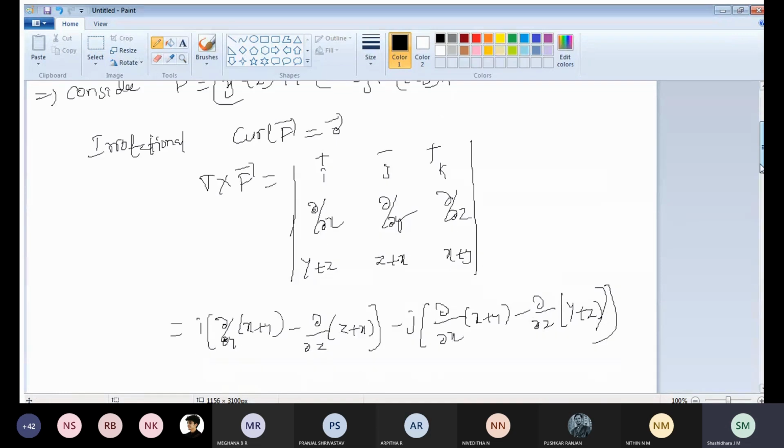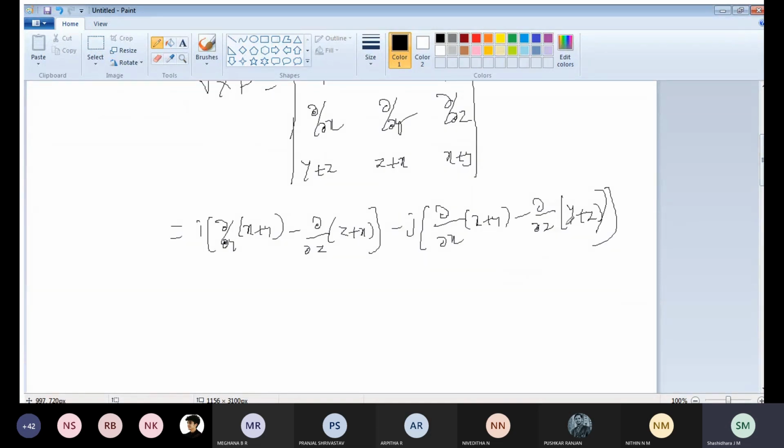If you want, you can directly simplify, no need to write this expression. For example, differentiation of x plus y with respect to y becomes 0 plus 1 because x is constant. Then plus k into dou by dou x of z plus x minus dou by dou y of y plus z.